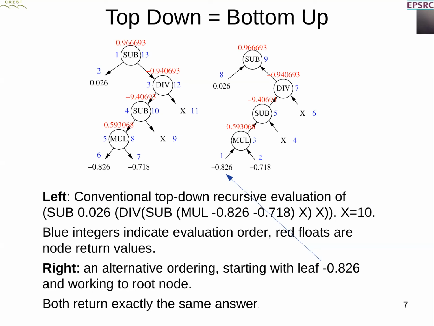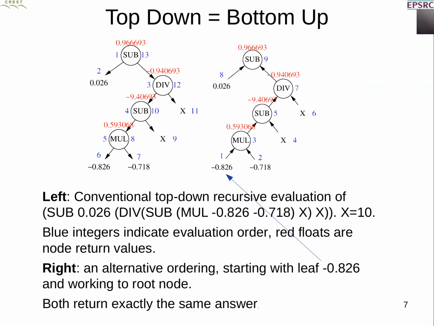The second evaluation step, level 2, is to get hold of the leaf 0.026. We return to our subtraction node, and now we need to find its second argument. But its second argument actually needs the value returned by the divide node, number 3. That in turn depends on the subtraction node, number 4.